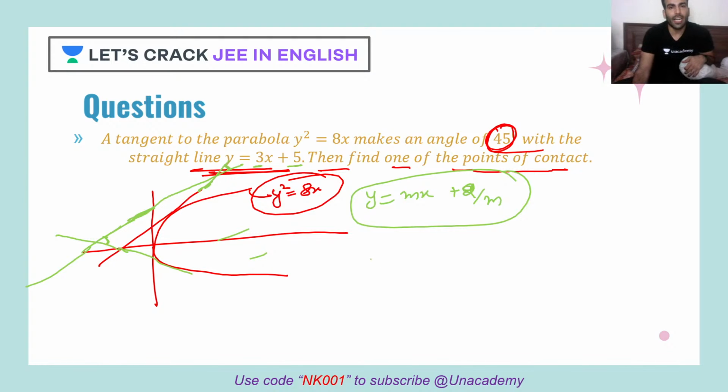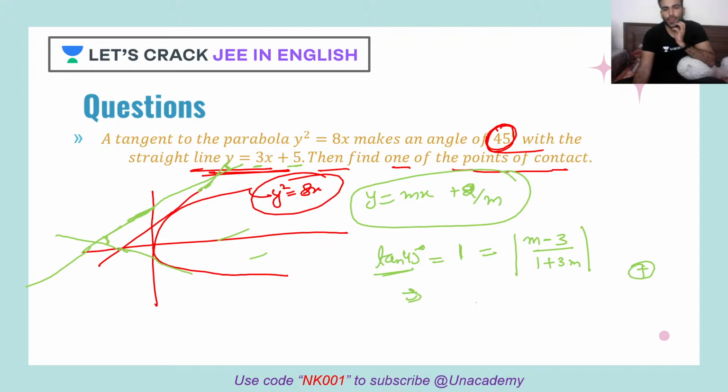So let's use the given condition to find the slope. Now what is the condition? The angle between the line and the tangent is 45 degrees. So 1 is equal to mod of (m minus 3) upon (1 plus 3m), where m is the slope of the tangent. Very good, SYM. So we can take plus one and minus one to find the value of m. When you take plus, we get 1 plus 3m is equal to m minus 3.